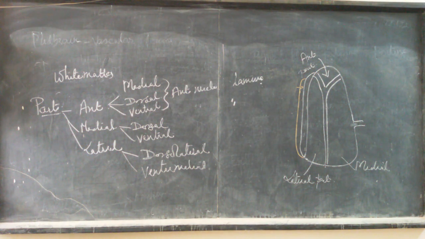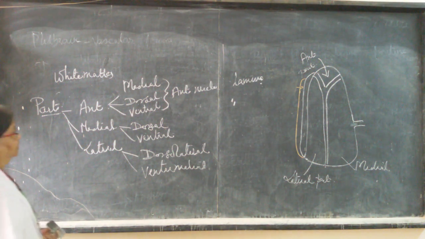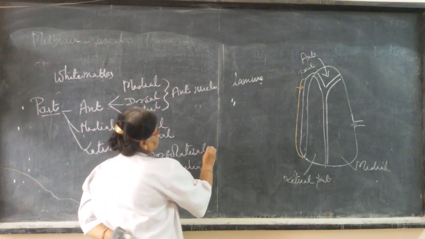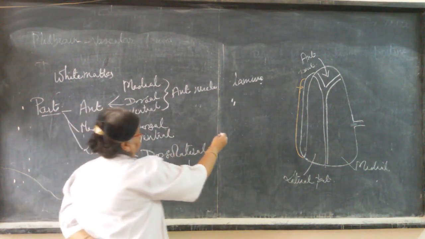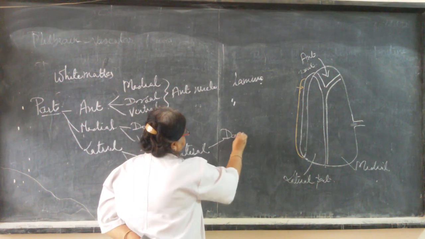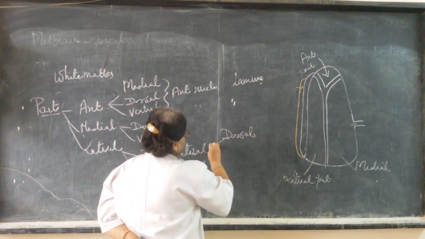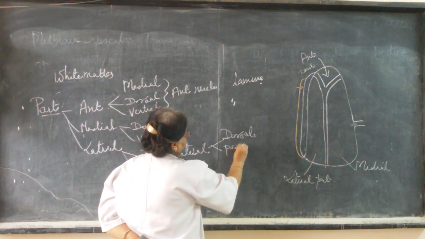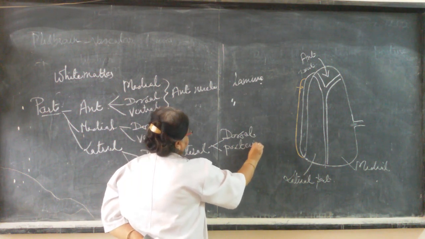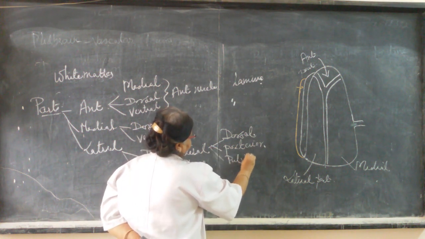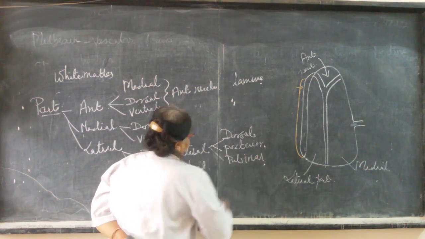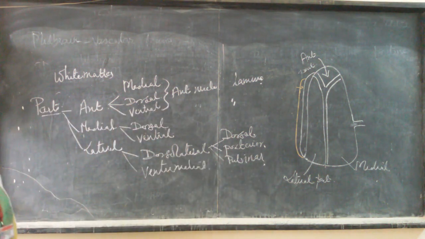The dorsolateral group comprises three sets: the dorsal, posterior, and pulvinar. Three sets of nuclei are there: dorsal, posterior, and pulvinar.